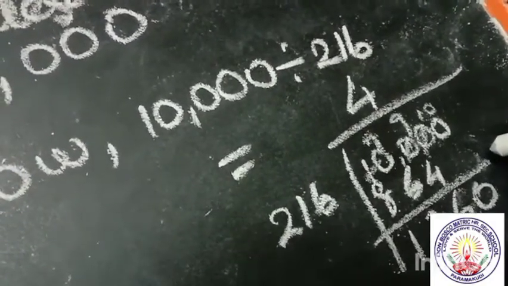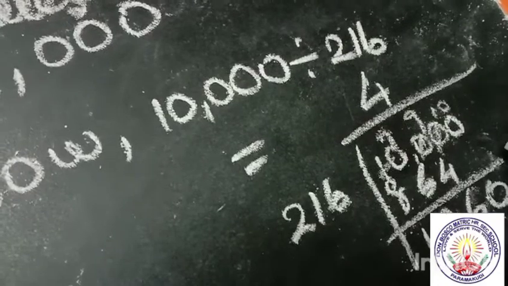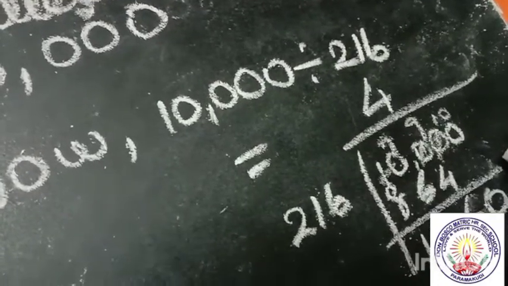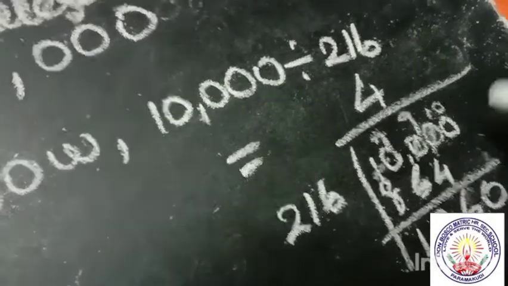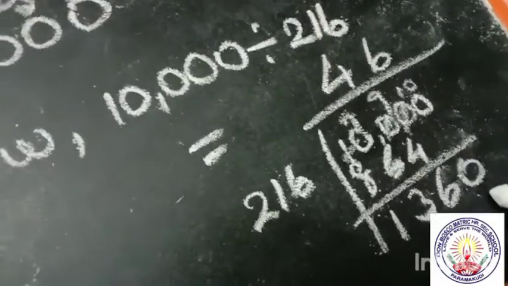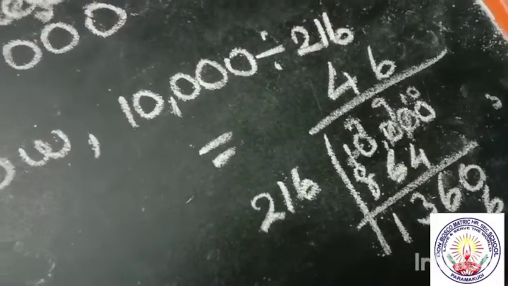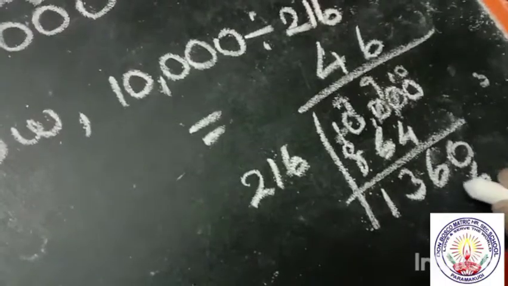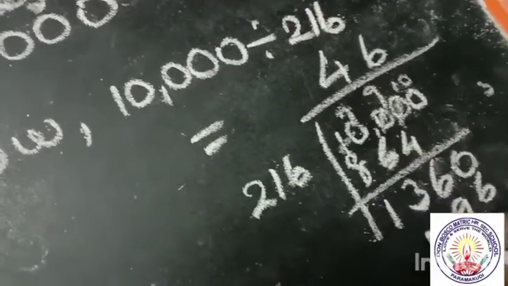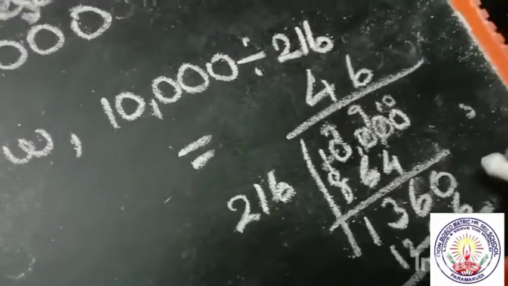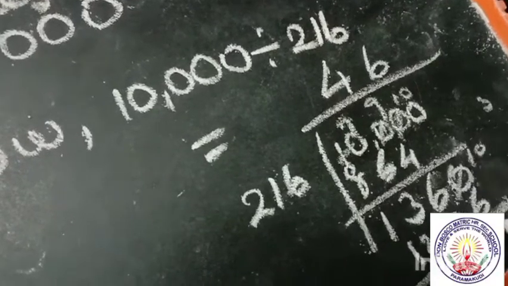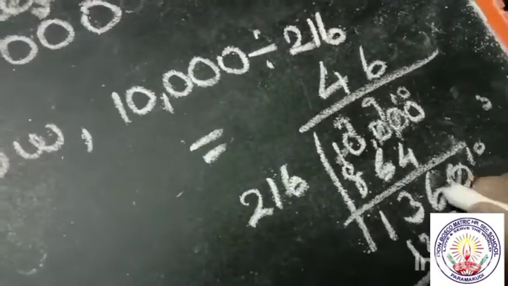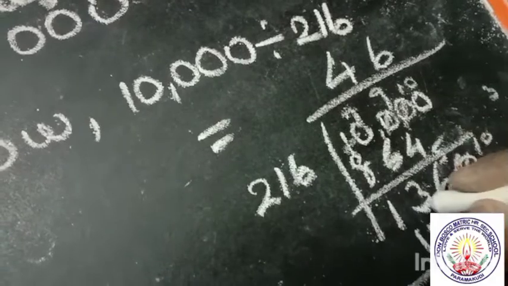1360. In 1360 how many 216 are there? 6. 6 6s are 36, remainder 3; 1 6 is 6, 6 plus 3 is 9; 2 6s are 12. After subtracting, 10 minus 6 is 4, we had to borrow, so 5.